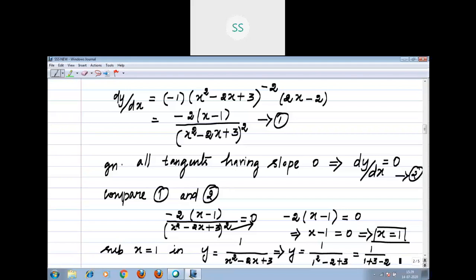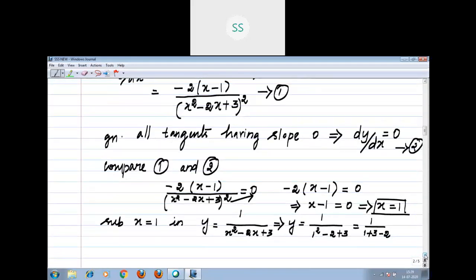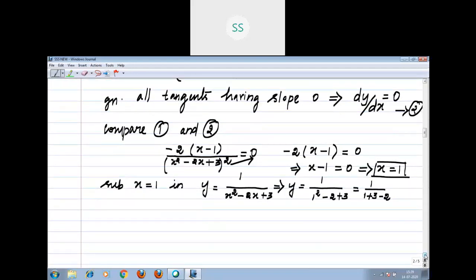Then y is equal to 1 divided by 2. I hope you people understood, right? Y is equal to 1 by 2.